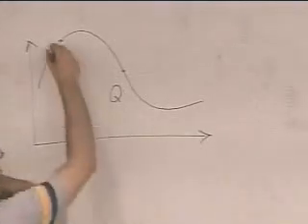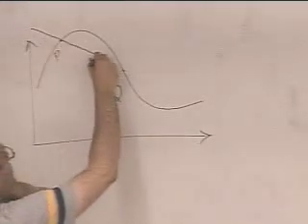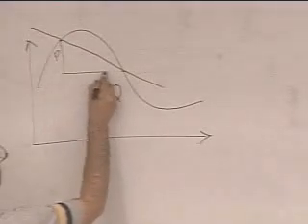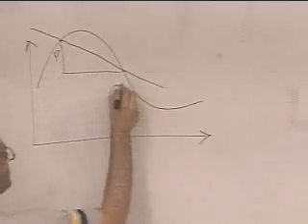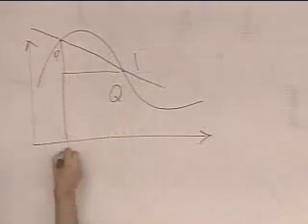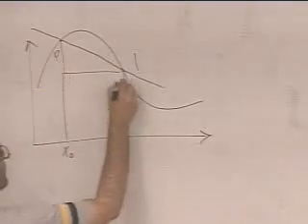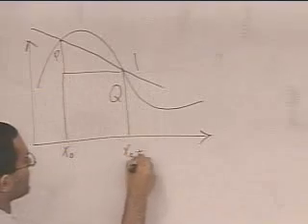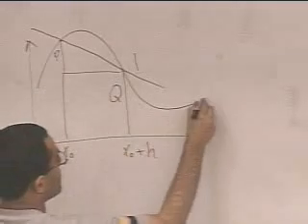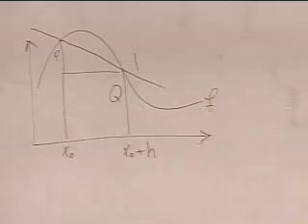Now, there's a line going through them, and this line would have a slope. I call this point x0, and I call this one x0 plus h.